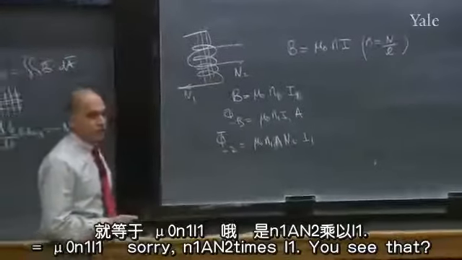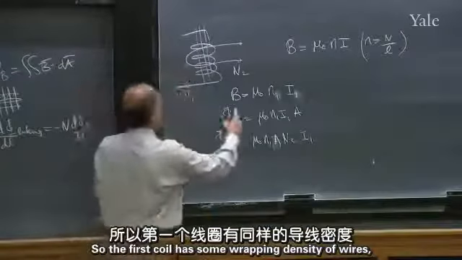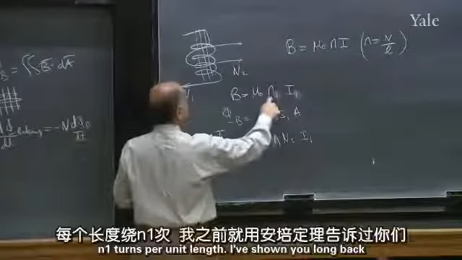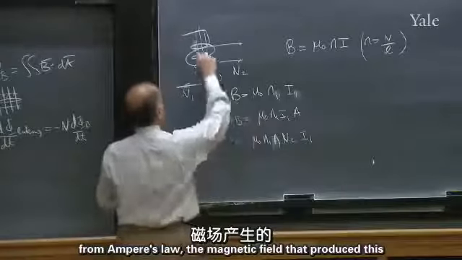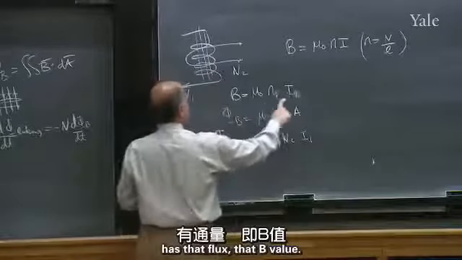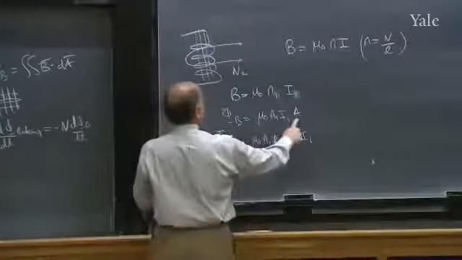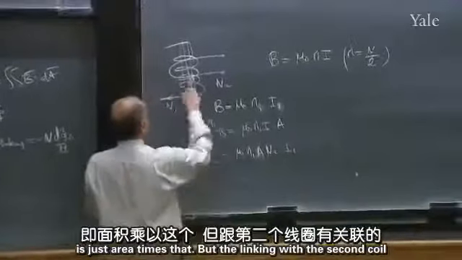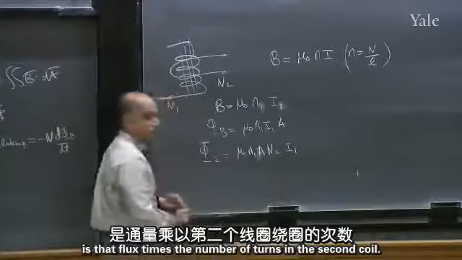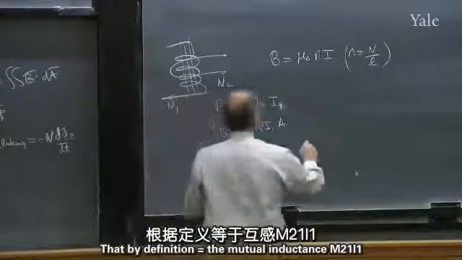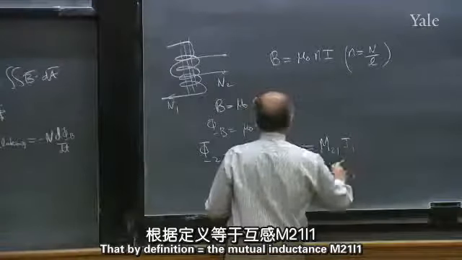You see that? So the first coil has some wrapping density of wires, N1 turns per unit length. I've shown you long back from Ampere's law, the magnetic field it produces has that B value. The integral of the field, which is the magnetic flux, is just area times that. But the linking with the second coil is that flux times the number of turns in the second coil. That, by definition, is equal to the mutual inductance M21 I1.